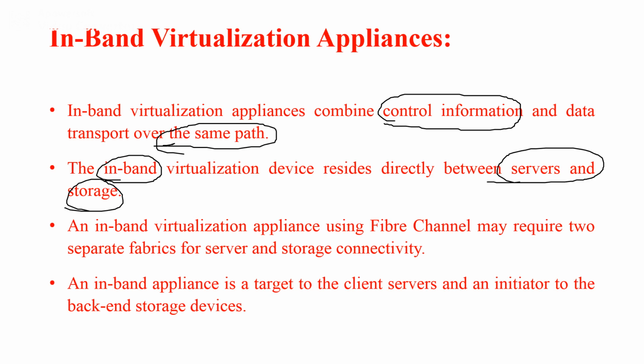An in-band appliance is a target to the client servers and an initiator to the back-end storage device, because it is located between the server and the storage.